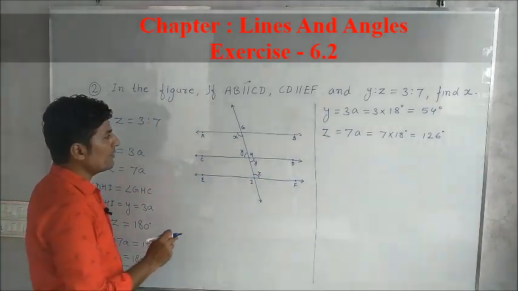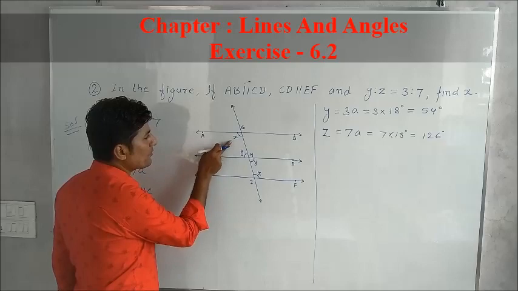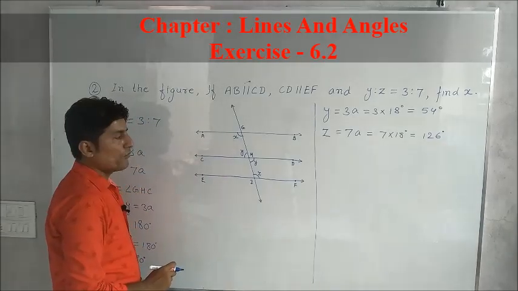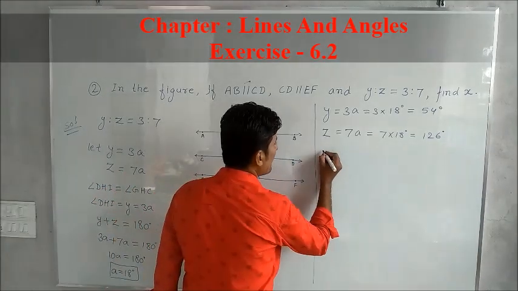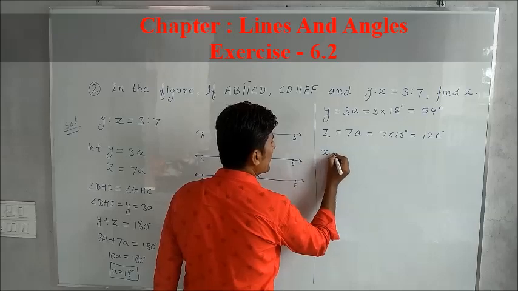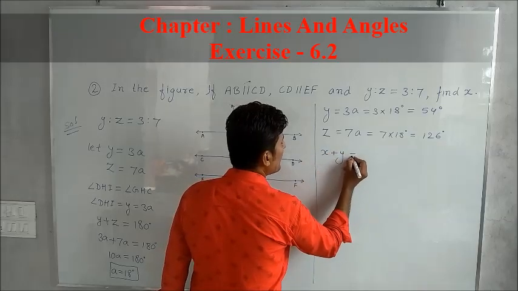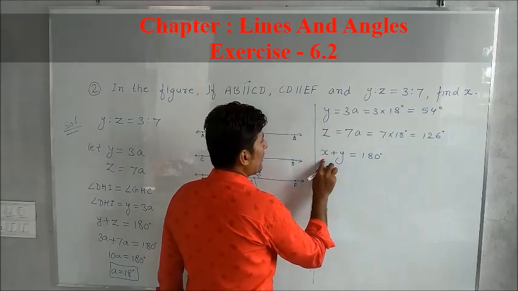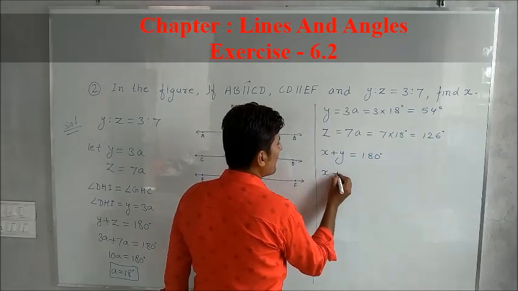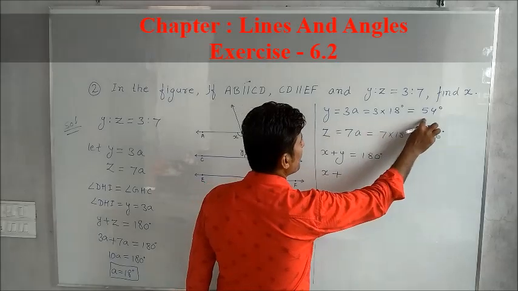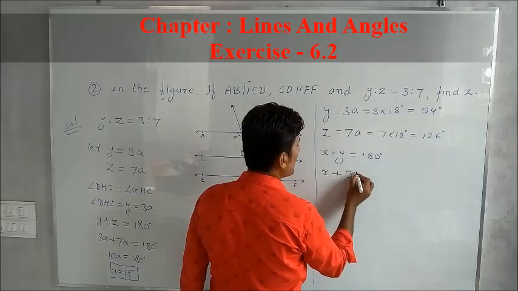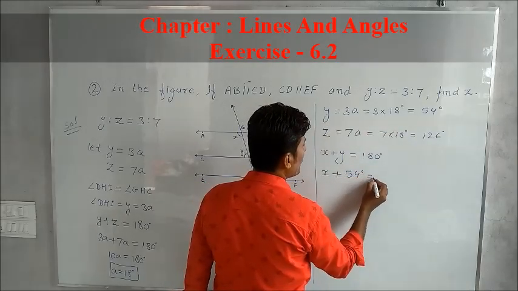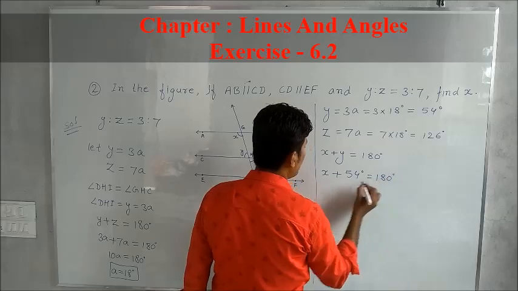After getting the measurement of angles Y and Z, now we have to find the measurement of angle X. As we know, the sum of these two angles equals 180 degrees, because these two are also a pair of interior angles. So X plus Y equals 180 degrees. The value of X we have to find out, plus Y. Since the measurement of Y is equal to 54 degrees, we write 54 degrees equals 180 degrees.